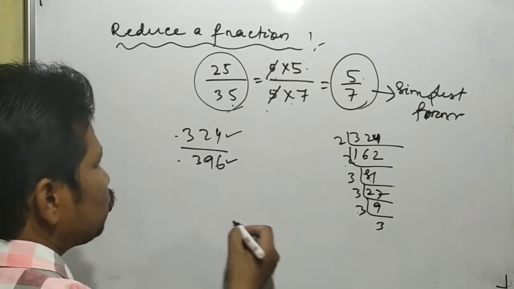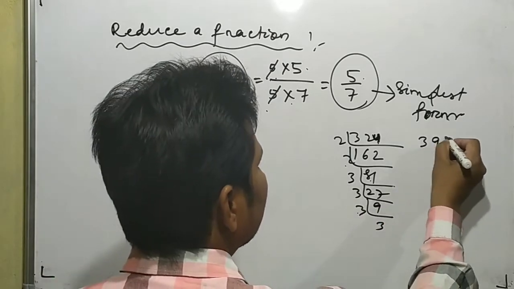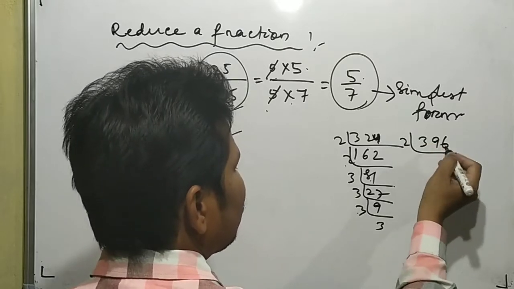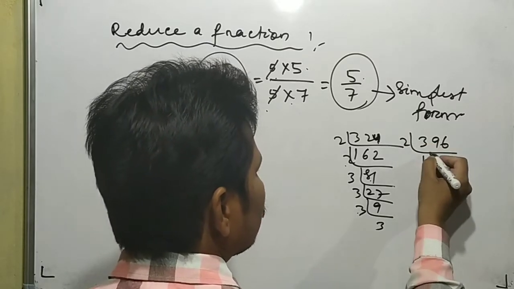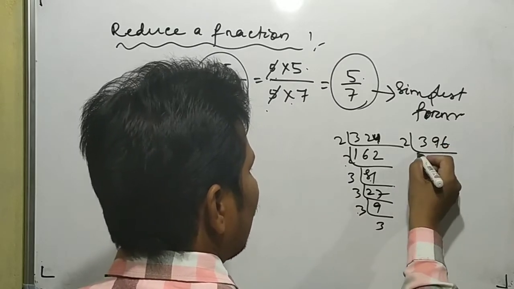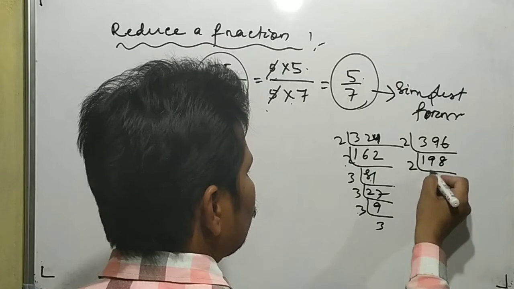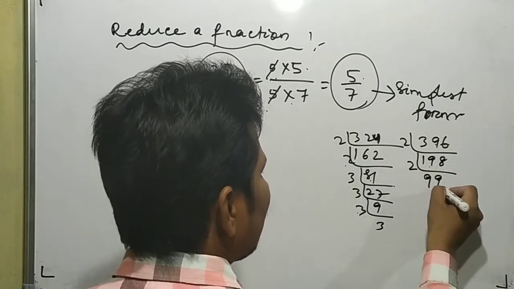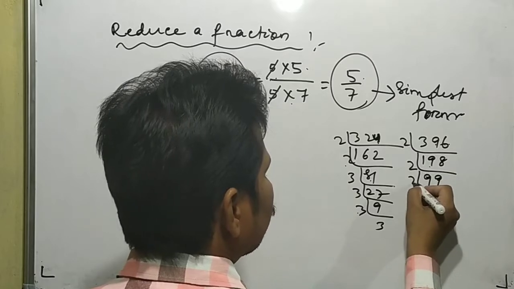Our next number is 396. In a similar way, it is divisible by 2 because the unit place is 6. So 2 into 198, and again divisible by 2, so 99.